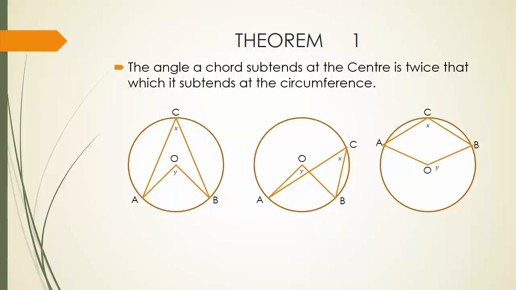Now mathematically we can represent theorem 1 as y equals 2x, where y stands for the angle made at the center and 2x is twice the angle made at the circumference.